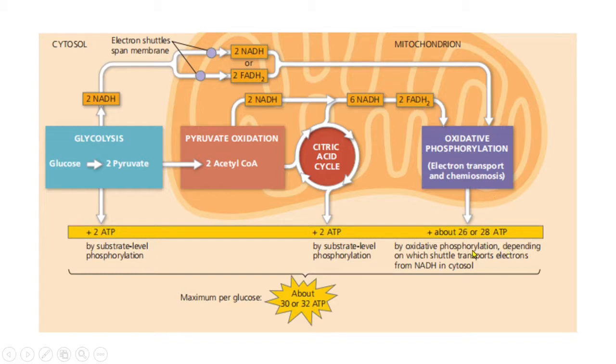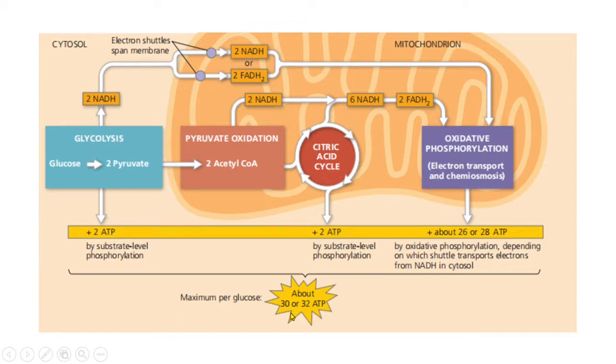Do take note that in oxidative phosphorylation, 26 or 28 ATPs are produced, which would be the majority produced in the cellular respiration of just one molecule, whereas 2 ATP from citric acid cycle, 2 ATPs from glycolysis, with a grand total of 30 or 32 ATPs.